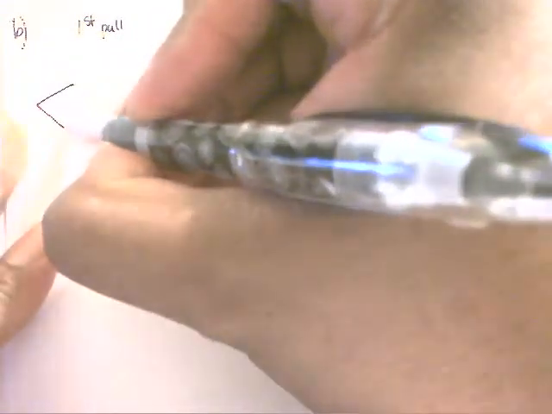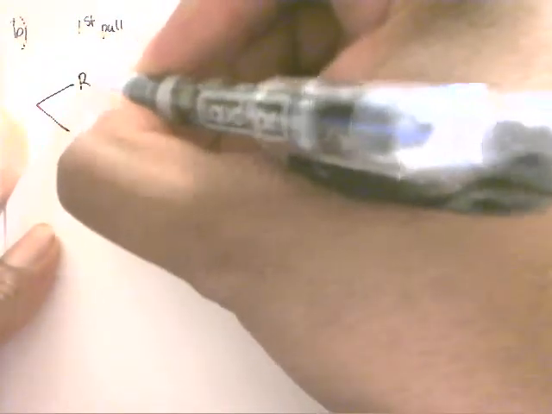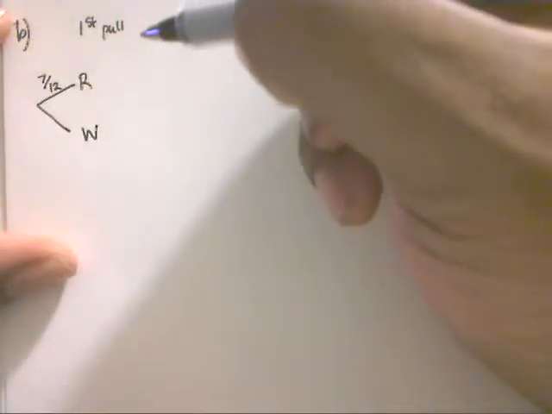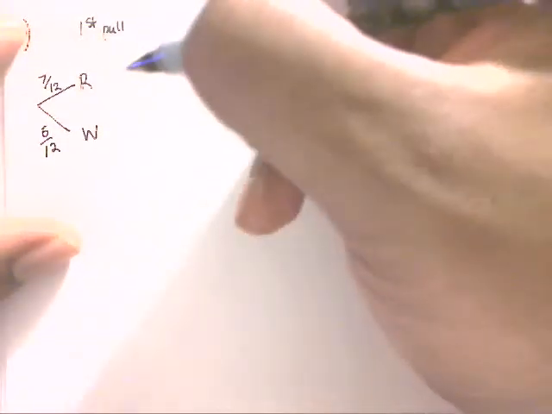Of course, you're going to pull out either a red or a white. Now, those probabilities are still going to be the same because you still have 7 red balls out of 12. So the probability of pulling a red ball is 7 out of 12. And the probability of pulling a white ball is still 5 out of 12, as in the last problem.